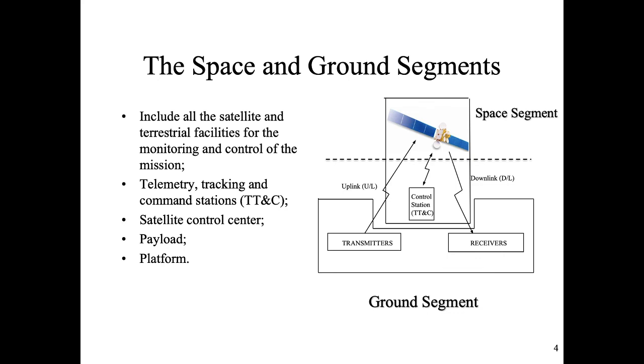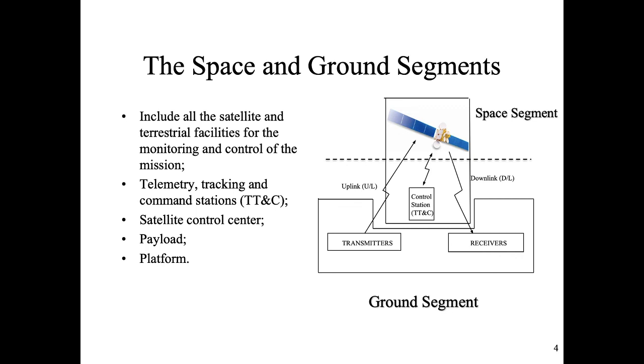The ground segment is all the infrastructure on Earth that supports and guides the satellite. And these facilities can be quite varied and rich.